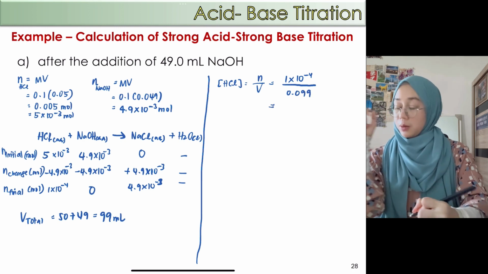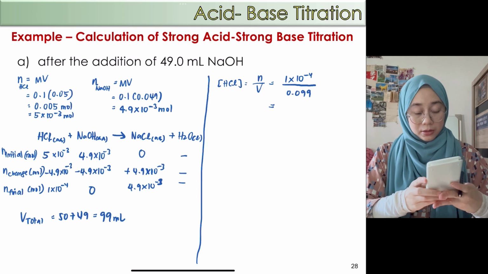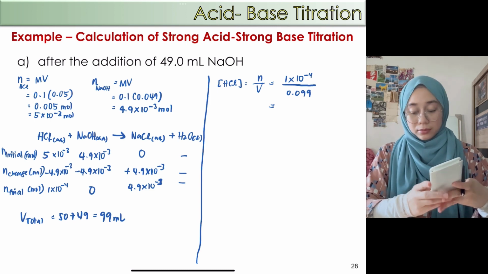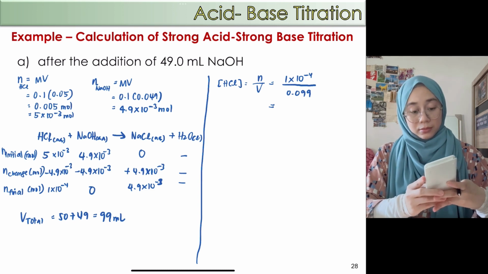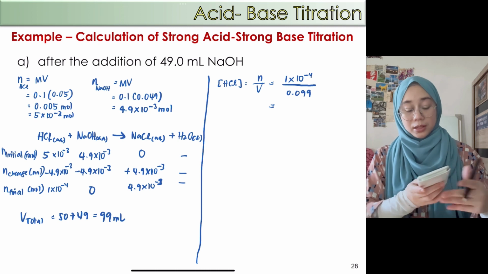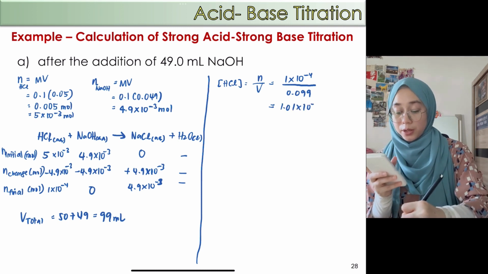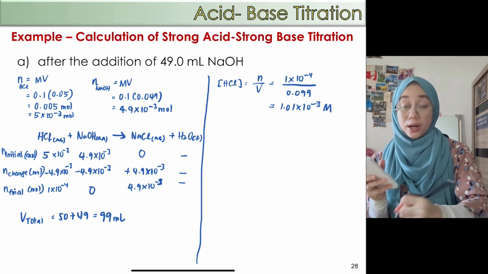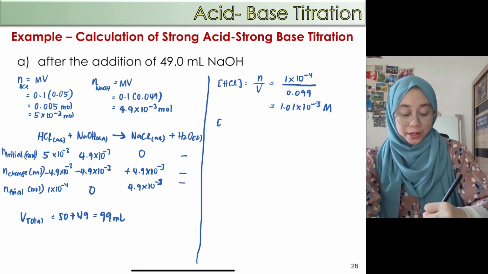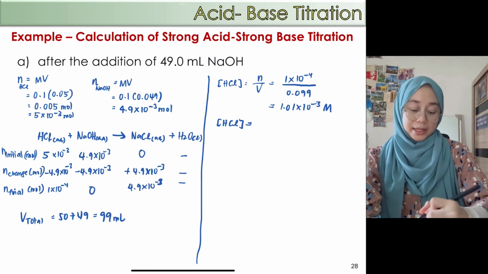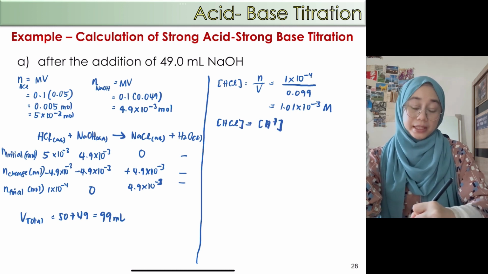Jadi apa yang kamu akan dapat kat sini adalah 1.01 exponent negative 3 molar.